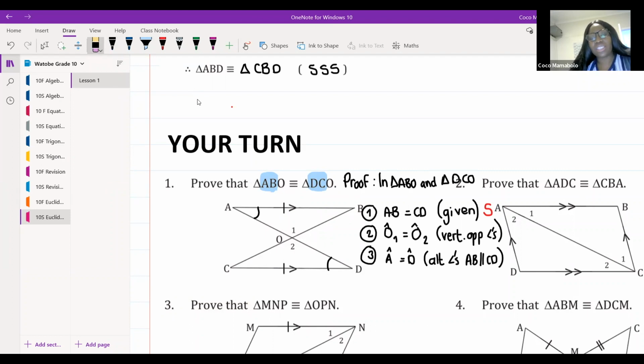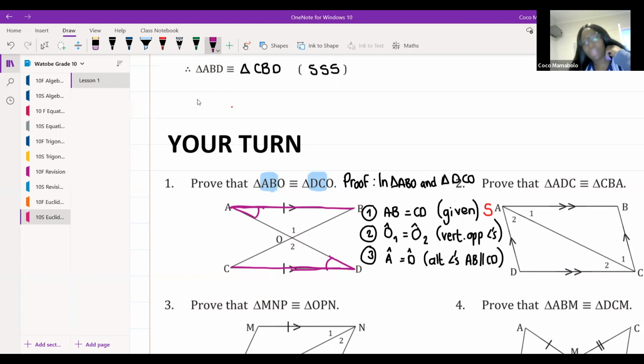Okay, now I just need to check, guys. We use angle A and angle D. So if this is AB and DC, right, I just need to make sure that both of my angles are attached to this side. My angle A is indeed attached to AB, and my angle D is indeed attached to CD.